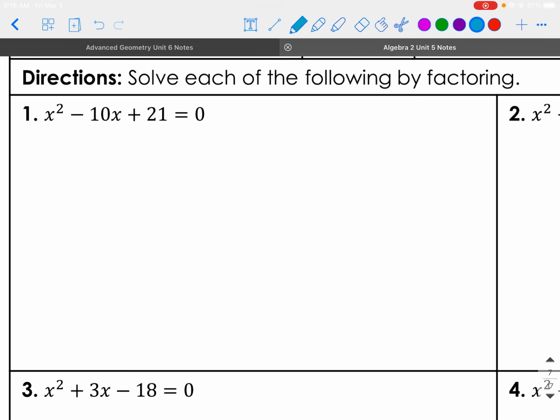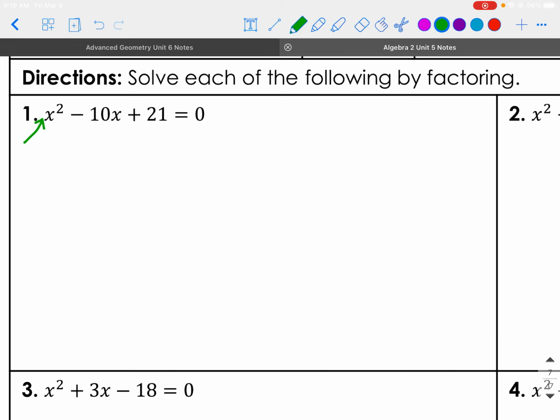Now this method that I'm about to show you is only good if there's not a number in front of the x squared. If there was, then there's a longer, complicated process that I'm not going to teach you. You'll just be able to use the quadratic formula once we learn that. So don't worry about factoring if there's a number in front of the x squared.